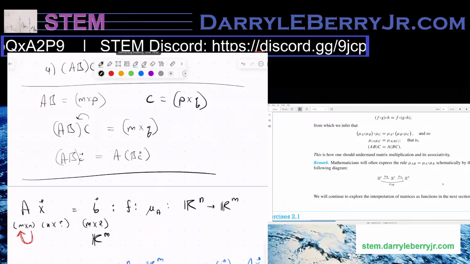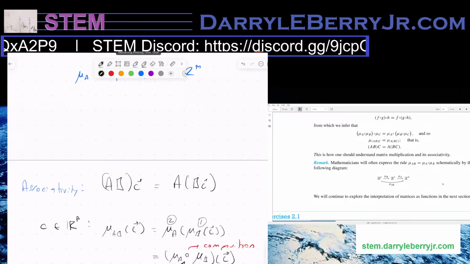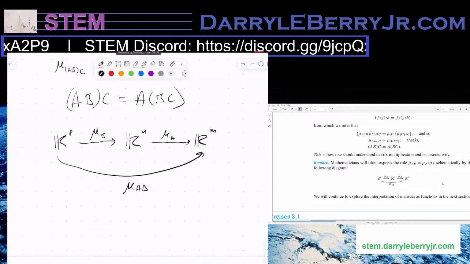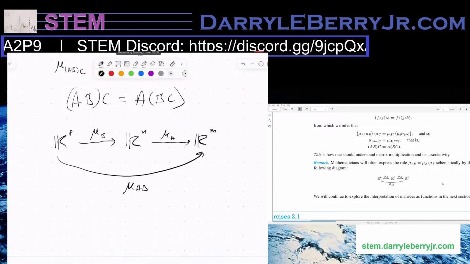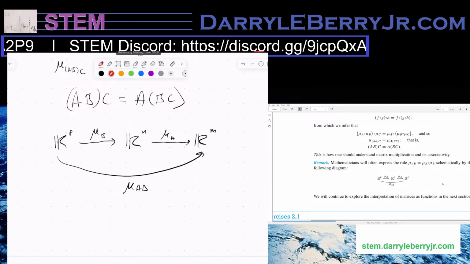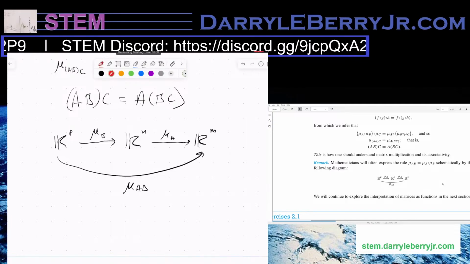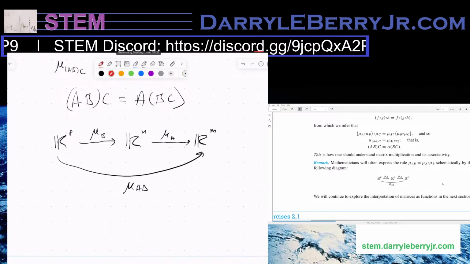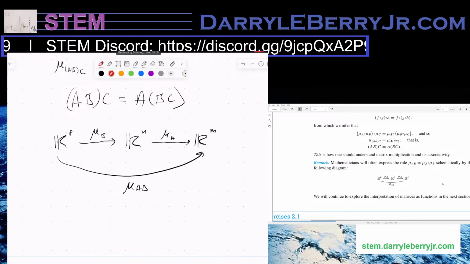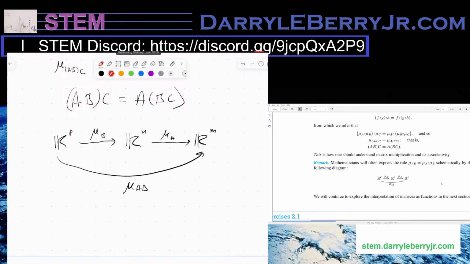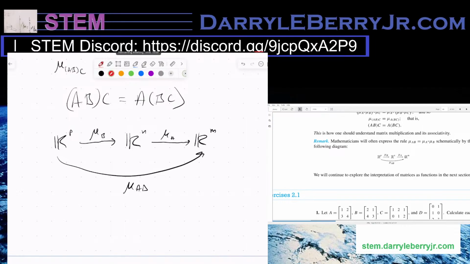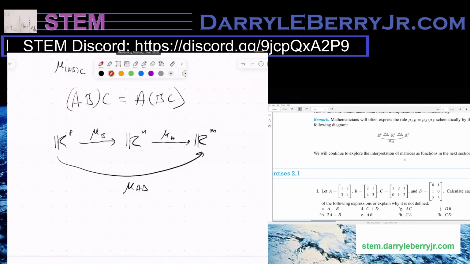I don't think the p, n, and m there reveal anything previous. We just have to know that this is transforming something from the R^p space to the R^n space, and then from the R^n space to the R^m space. And that's basically the entire process of AB. We'll continue to explore the interpretation of matrices as functions in the next section.